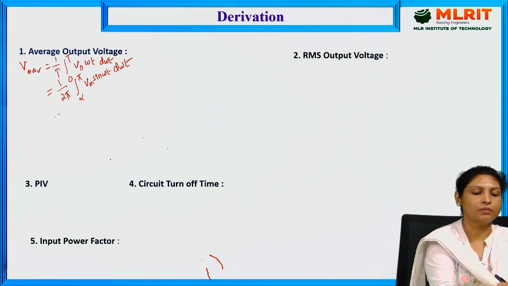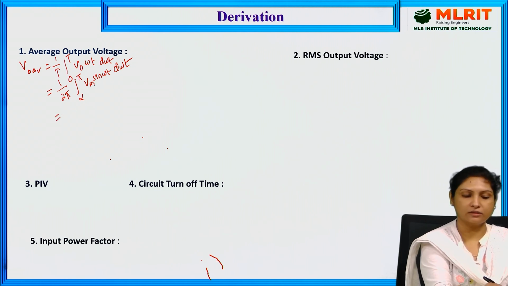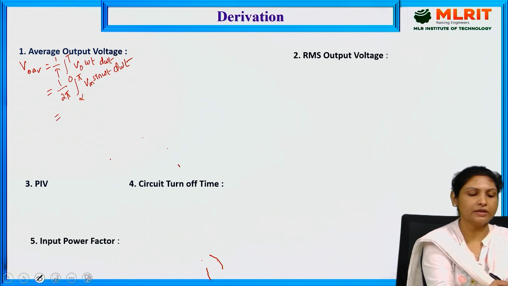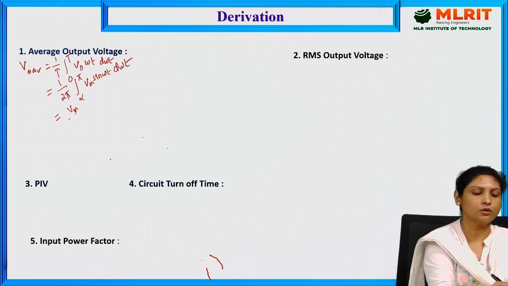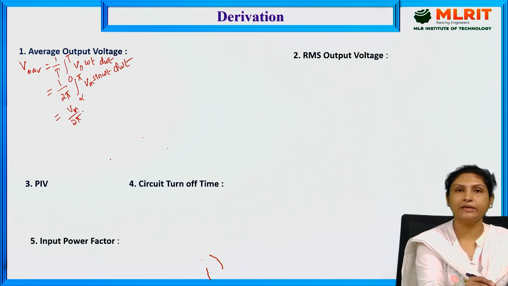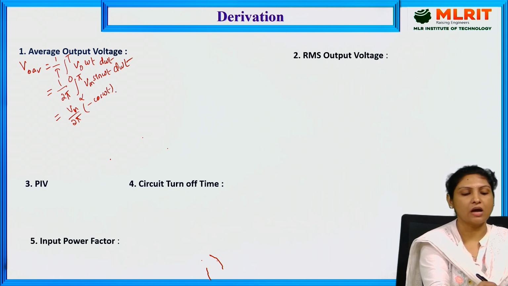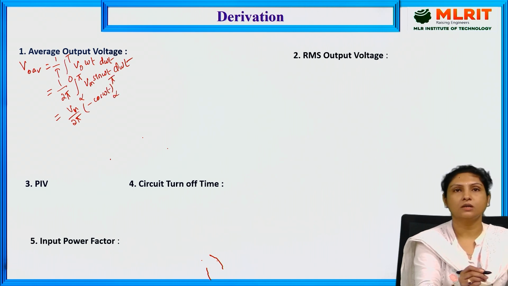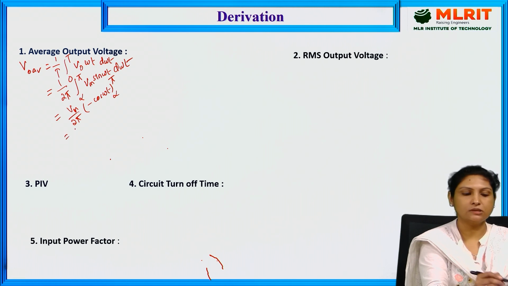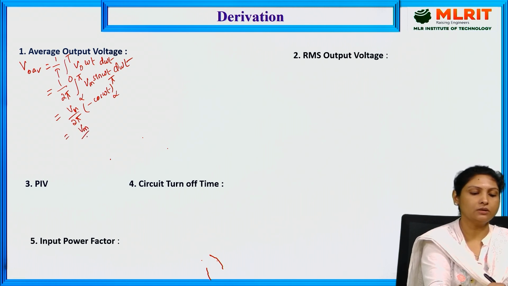And here by integrating, that is Vm is constant, bringing it out, Vm by 2 pi, and integration of sine omega t is minus cos omega t. It is conducting from alpha to pi. Substituting the limits, we get Vm by 2 pi.